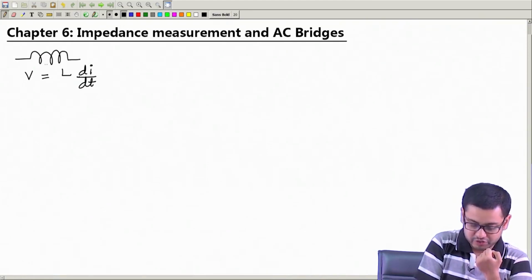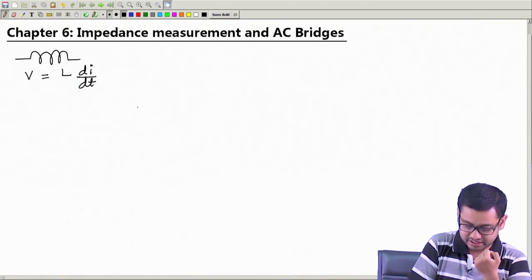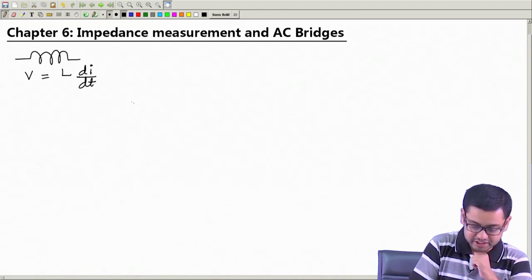Okay. So, depending on in which direction you are considering the current and in which direction you are measuring the voltage.